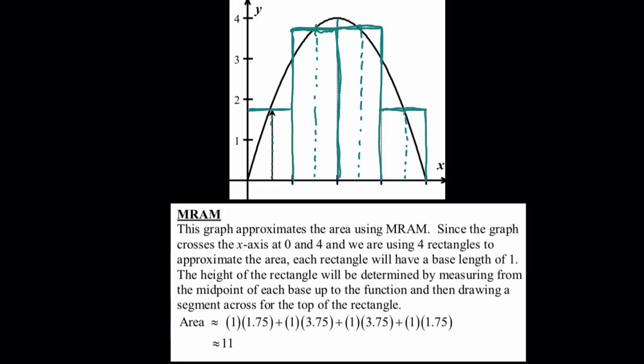All right, so what we do then is we simply calculate the area of each rectangle and find the total area. And so the base of the rectangle is 1 on each one of these. So we have 1, 1, 1, and 1 for the bases. The heights are determined by the function. The function was 4x minus x squared.